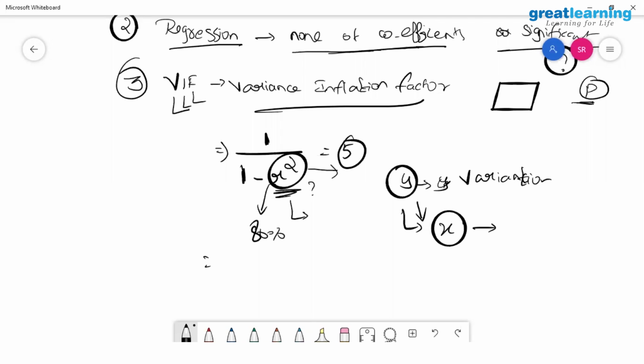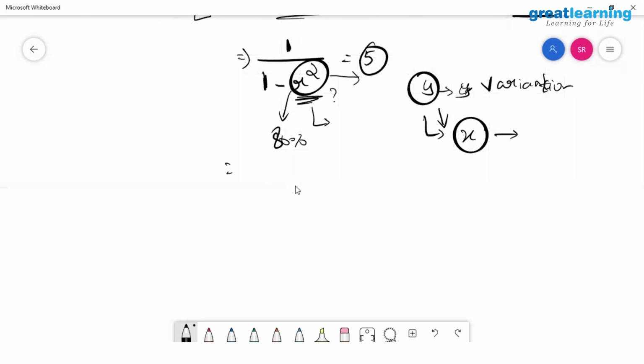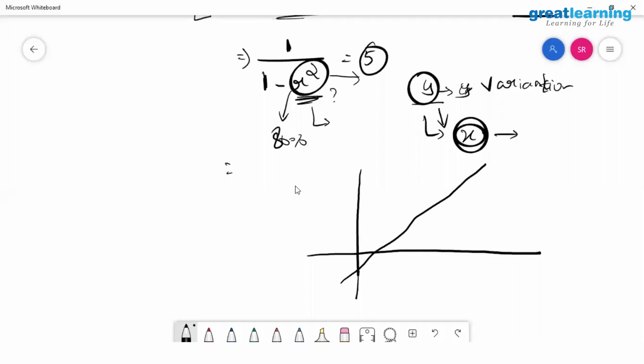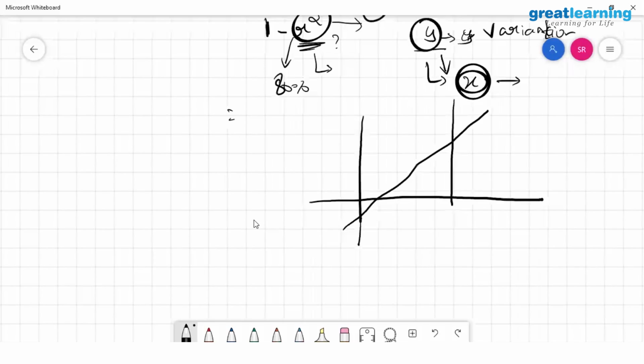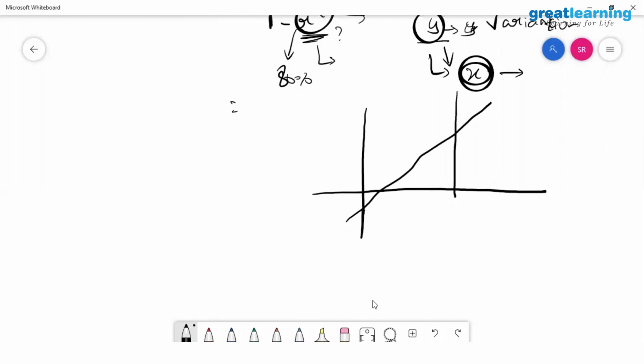And one more thing I wanted to tell here: I mentioned the explanation by the regression, right? How much variation in Y is able to be explained by the variable X. Let us check how it is. So on the X and Y axis, I draw a linear line. There I'm going to predict a value. Let me make the axis bigger. This I call the X axis.